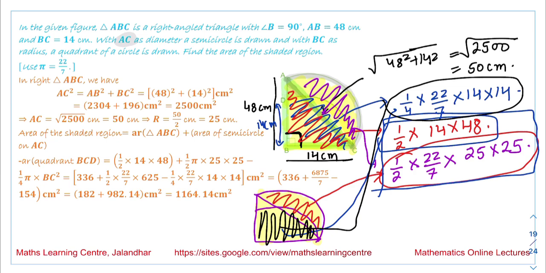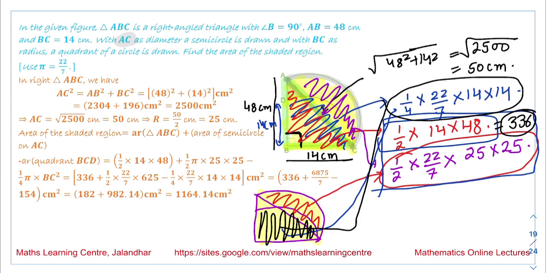The first value, on solving, you will get the answer 336. So the area of the triangle is 336 centimeter square.